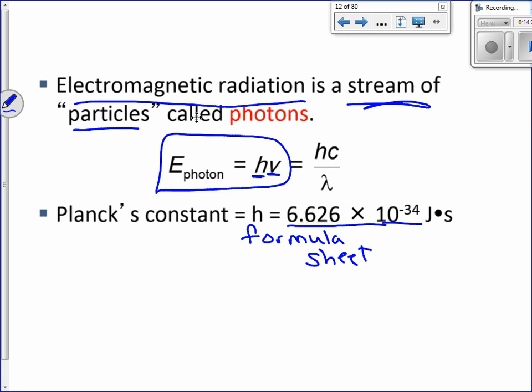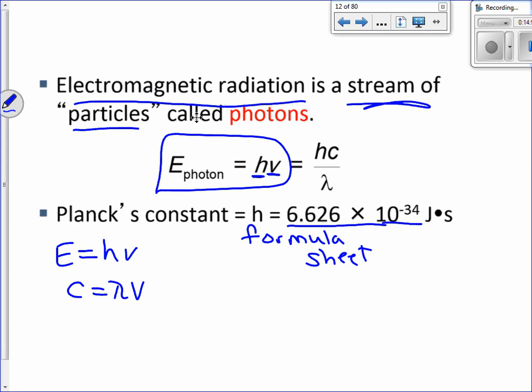Now, talking about deriving here. If E equals h nu and c equals lambda nu, both of them have frequency in them, right? So can't you put them together?